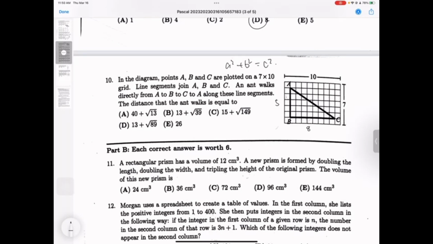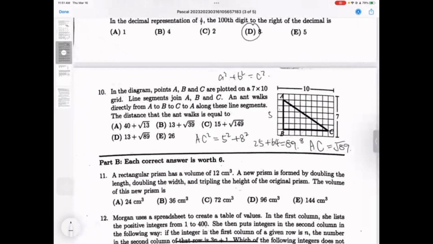Okay, so AC squared equals 5 squared plus 8 squared, and that is 25 plus 64, and that is 89. So AC equals square root of 89, and I don't think I can simplify this.